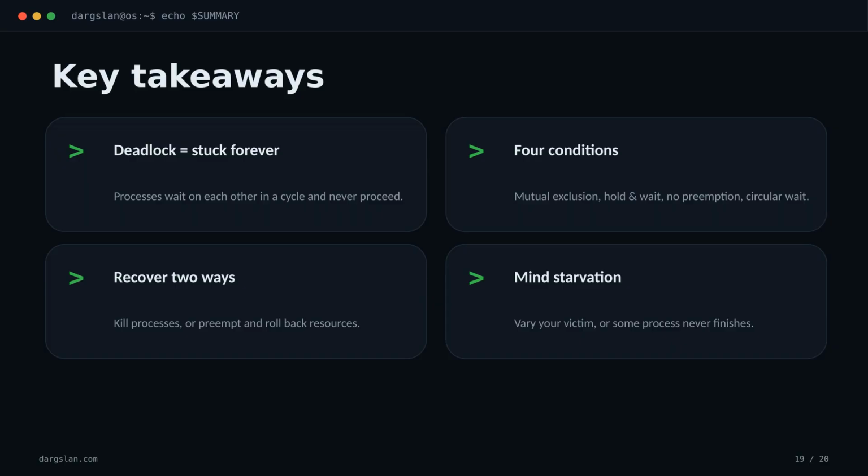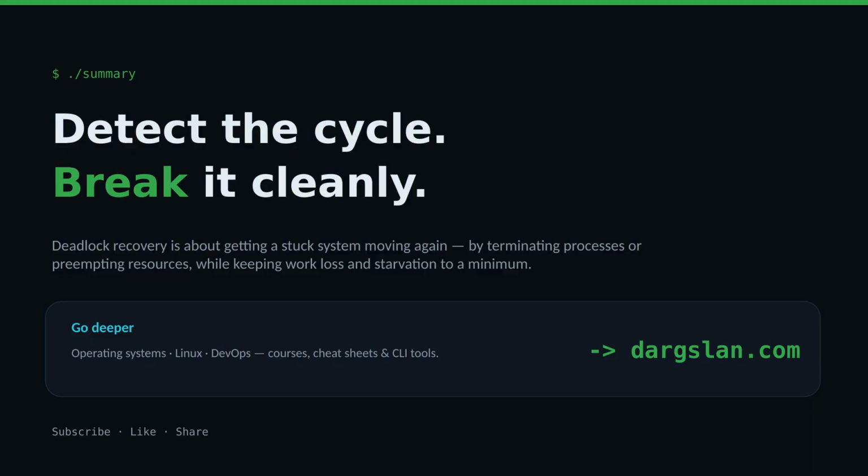And whichever path you choose, keep an eye on starvation. Rotate your victims, or some unlucky process will pay the price forever. So that's the whole story in 2 lines. Detect the cycle, then break it cleanly. Recovery isn't about avoiding pain entirely. It's about getting a stuck system moving again with the smallest possible cost in lost work and fairness.